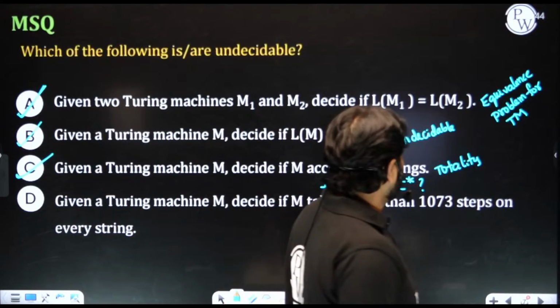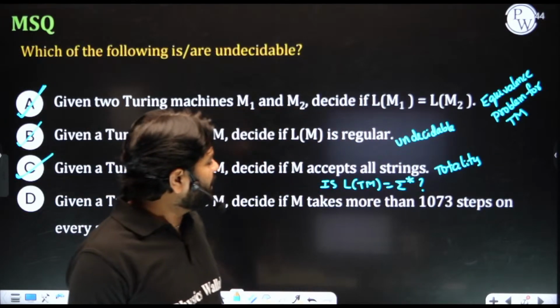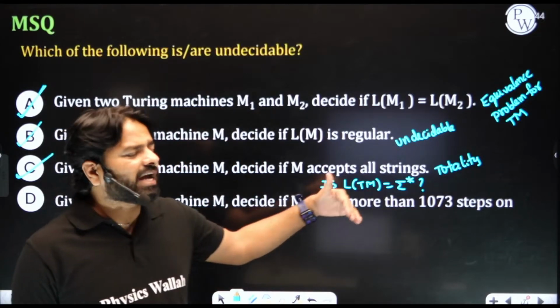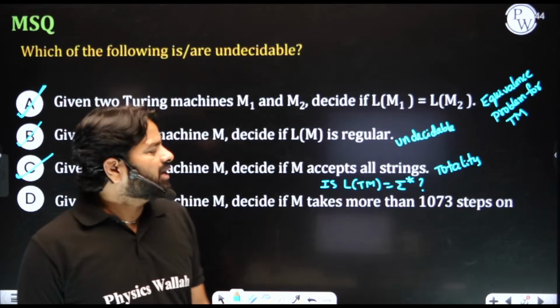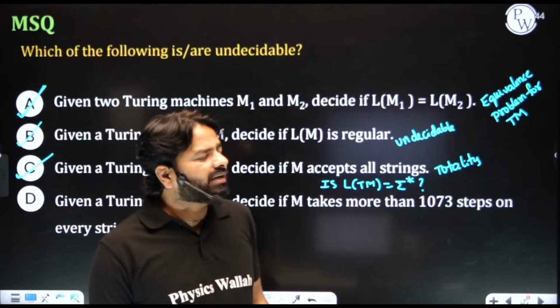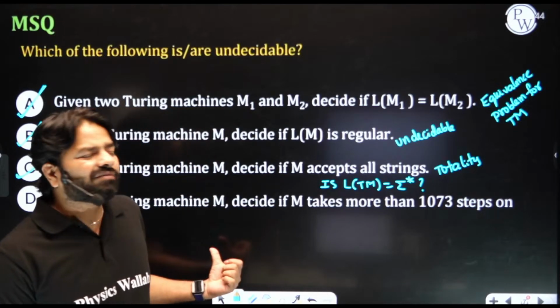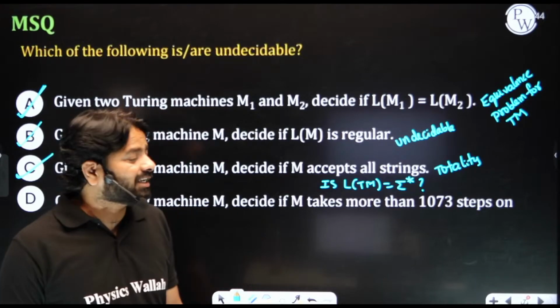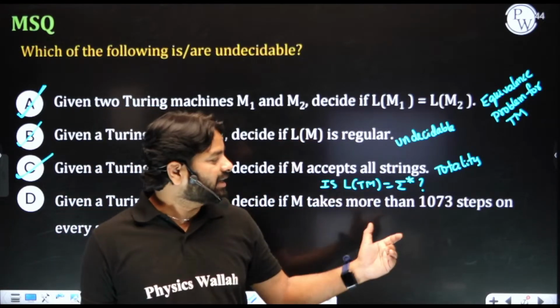Now this one, the steps are given, right? More than 1073 steps on every string. If you want to verify on every string, you don't need to verify on every string. Just verify up to 1073 length strings, 0 length to 1073 length.